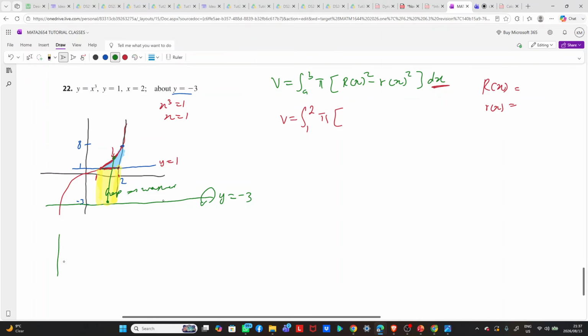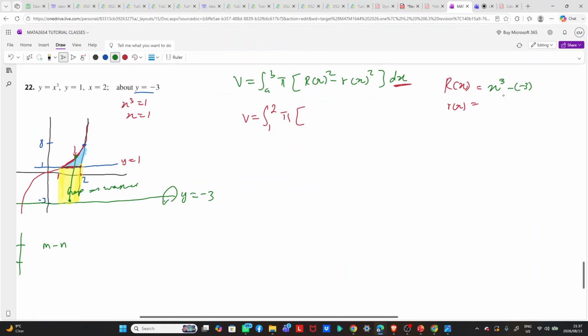If you remember the analysis I showed you earlier of m and n, and if I want to find this distance, I say m minus n. So in this case, our m is the function x raised to the power 3. Then we need to subtract n, where n is minus 3. So in particular, we have x cubed plus 3.